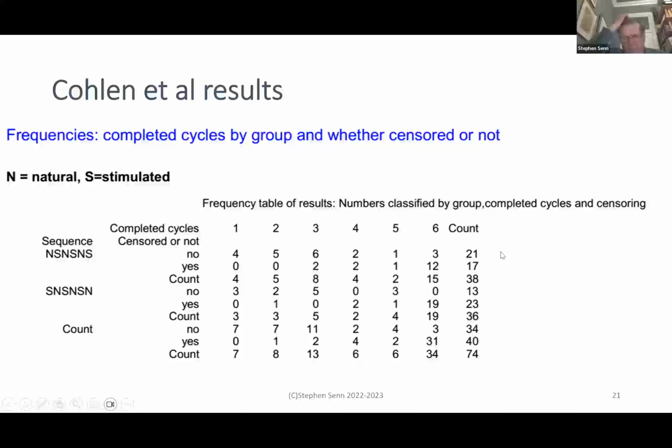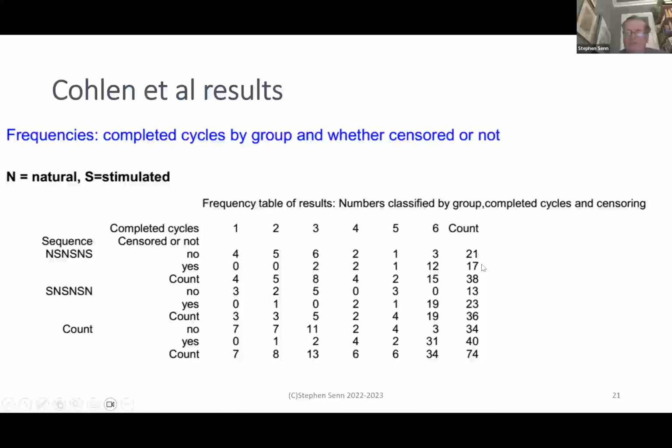And you've also recorded whether they have achieved pregnancy or not. 21 didn't. They went right through the particular series of 6 cycles without pregnancy being achieved, but 17 did. And essentially what one records here is whether an event occurs or not.